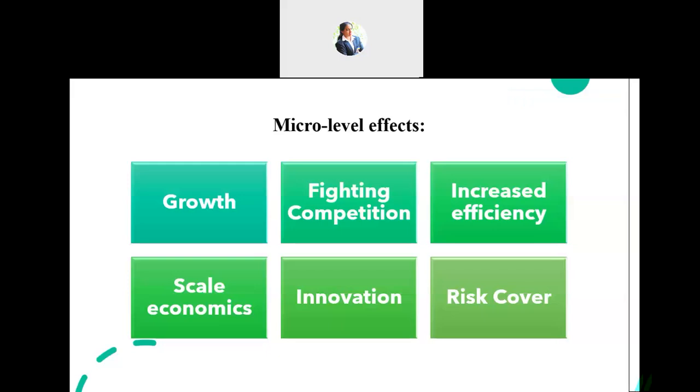The next one is fighting competition. As a method of protecting their own nation's companies' interests, these protection measures are taken up by governments. Every firm operating in a domestic market at some point will face an increased level of competition.